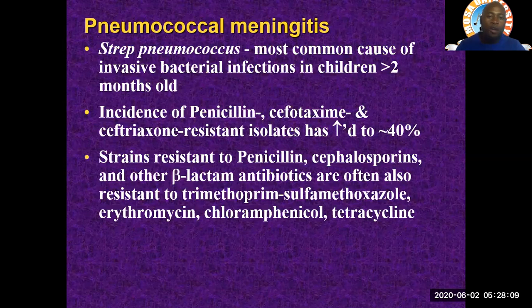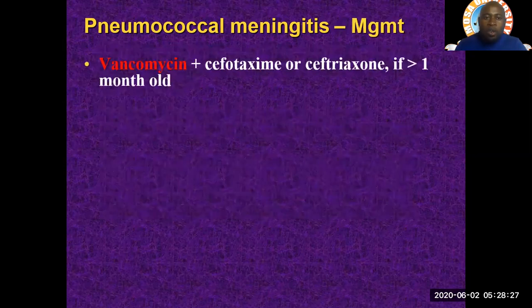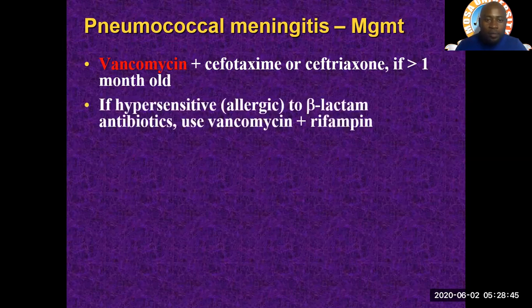The strains resistant to penicillins, cephalosporins, and other beta-lactam antibiotics are also resistant to trimethoprim, sulfamethoxazole, erythromycin, chloramphenicol, and tetracycline. So, for the management of pneumococcal meningitis, since it is resistant to these other drugs, we will give vancomycin with cefotaxime or ceftriaxone if the infant is greater than 1 month old.